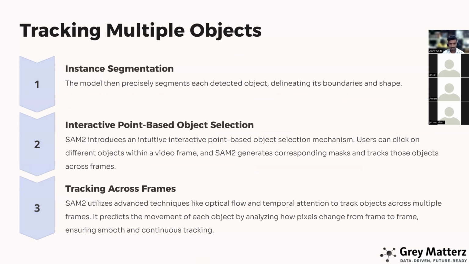If an object disappears for some frames from the scene and then reappears, SAM2 might face difficulty re-tracking that object.